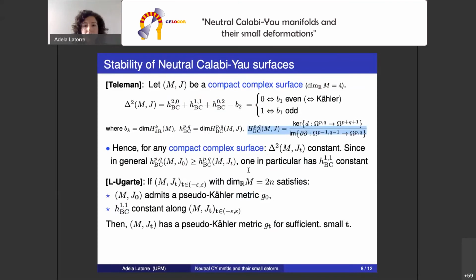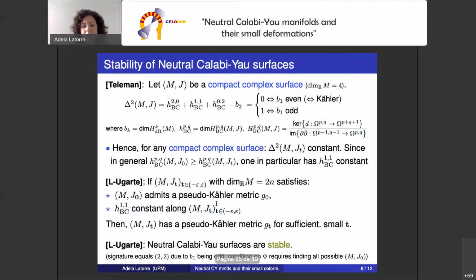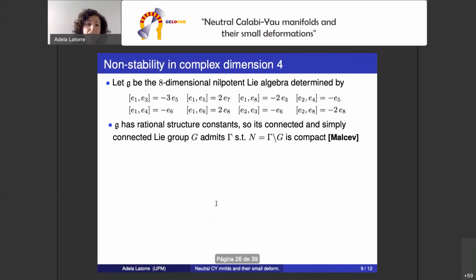In this case, one can ensure this condition when we deform the complex structure of a complex surface, and we are able to show that these neutral Calabi-Yau surfaces are stable. However, when we go to higher dimensions, we were able to show that the property is no longer stable.